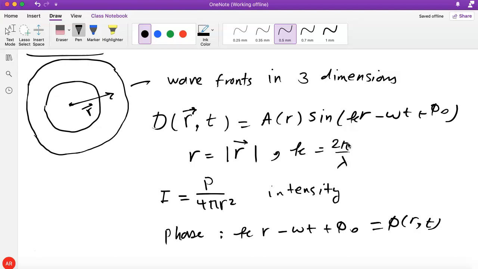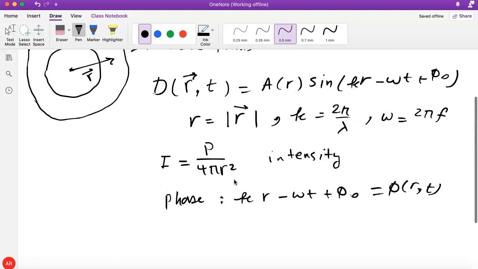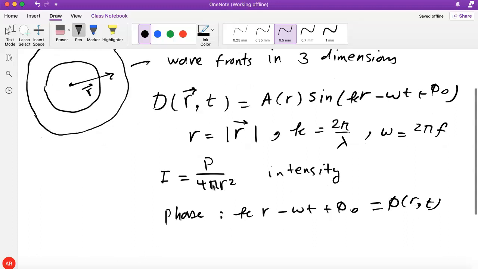Adding a distance lambda to r adds a phase 2 pi, so that doesn't change the sine function. You go from, for example, peak to peak or trough to trough, and omega is 2 pi times the frequency. Okay, so we had these pictures.